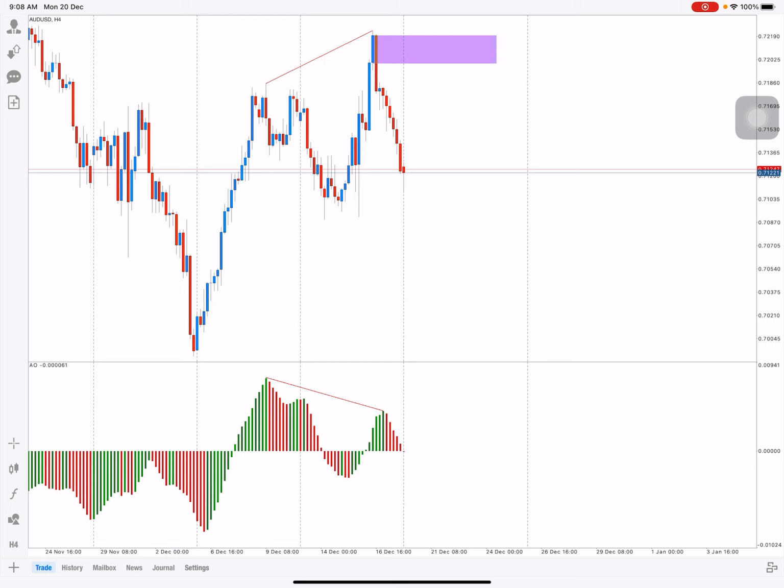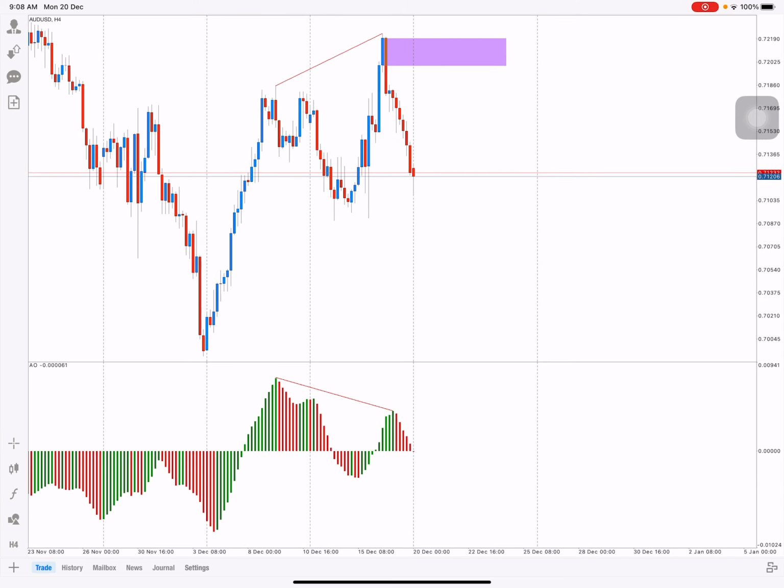But the initial break itself still doesn't give us a good reason to get into the market. Therefore, we are waiting for the pair to first move in the direction that we are expecting, and then when it does a correction, a pullback, that's where we try to enter.